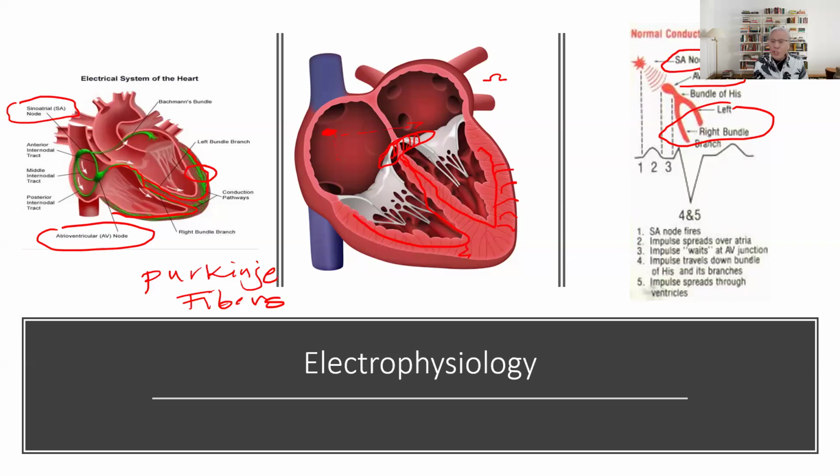Then it spreads into the right ventricle and the left ventricle through the bundle branches, one called the right bundle branch, the other called the left bundle branch. And in order to penetrate the thickness of the ventricles, there are root-like connections of the bundle branches called the Purkinje fibers.